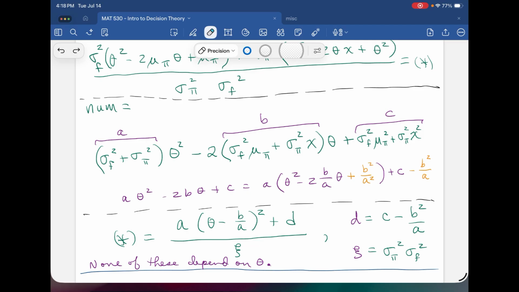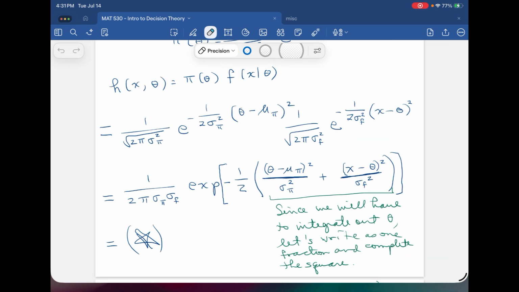And notice that I've also defined this d here, and this one I think is called xi. I'm going to call it squiggly. So we've defined these two additional constants, and still none of these constants that we've defined depend on theta. So as far as theta is concerned, they are constant.